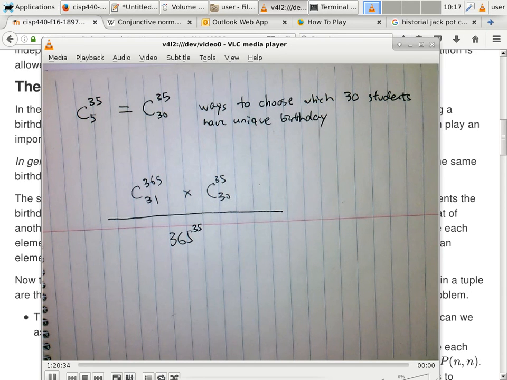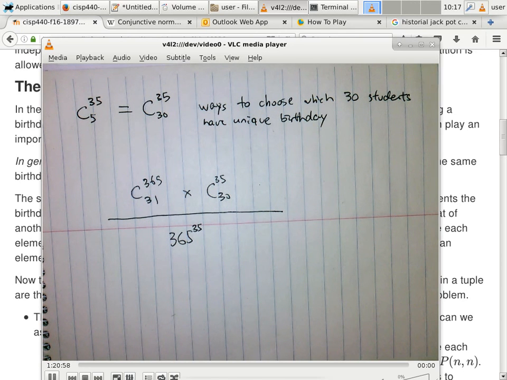So this becomes the probability of finding a class of 35 students where exactly 30 people have unique birthdays, and the other 5 have exactly the same birthday. Any questions about this? Yep.